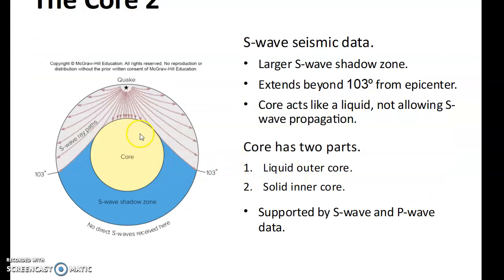S waves will cover only this exterior part out here. Okay, the core acts like a liquid, not allowing this to propagate. So what this says is that this portion right here is a liquid outer core and a solid inner core. And this is supported by both the S wave and the P wave data.